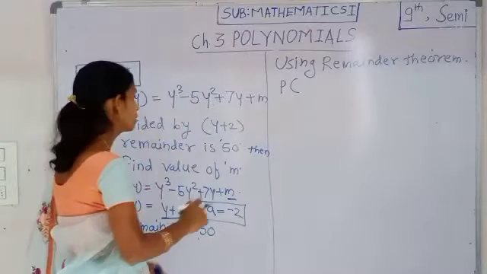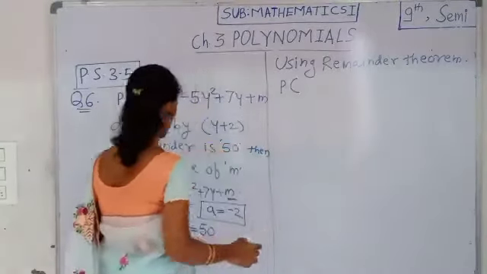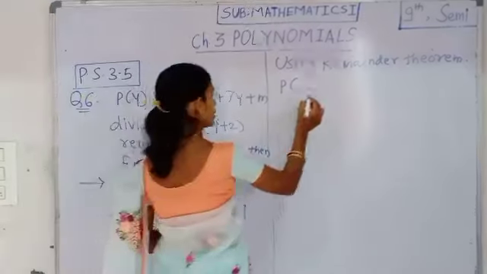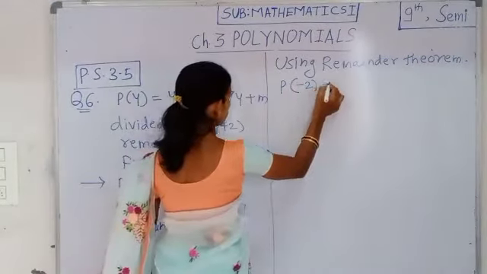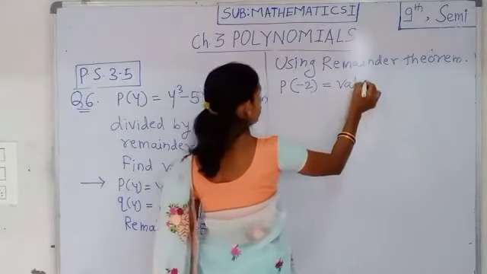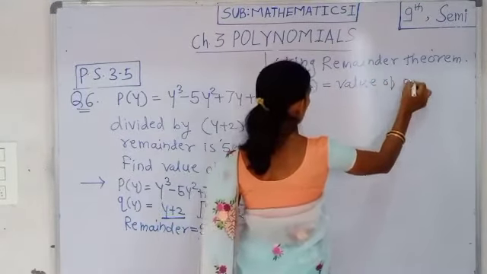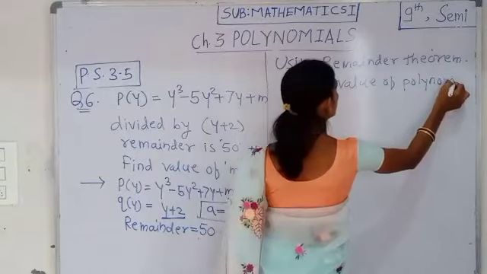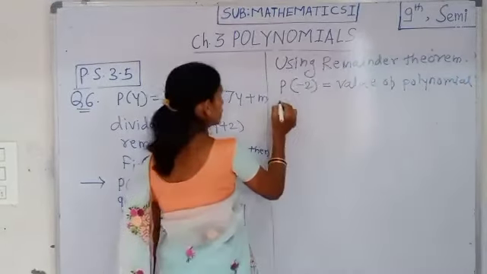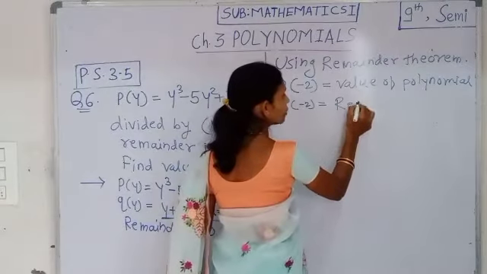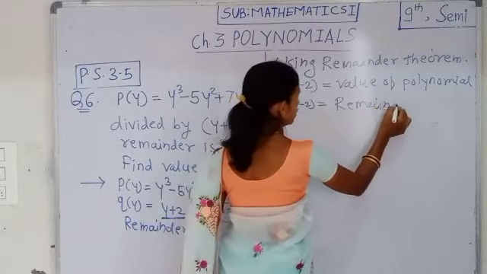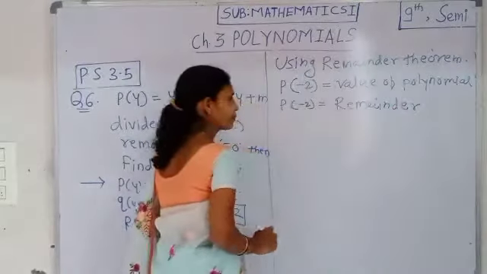Then here the value of this polynomial for y is equal to minus 2, that is p(-2), is the value of the polynomial, as well as p(-2) is the remainder of this example.